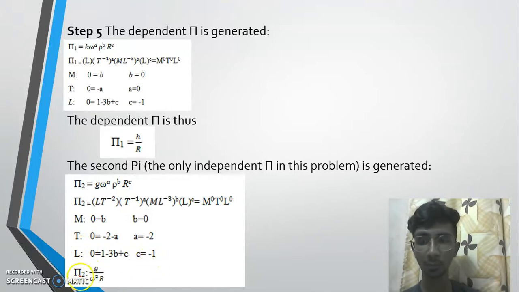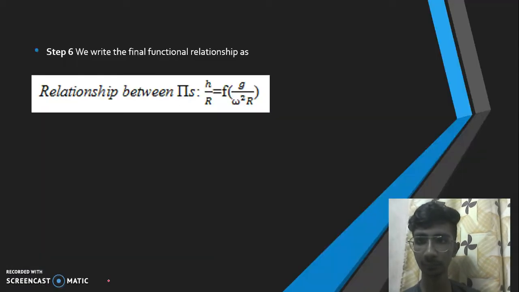So pi2 is g over ω^2 R. Therefore, the relationship, step 5, the last step: we write the final functional relationship as pi1 equals a function of g over ω^2 R, that is h over R equals a function of g over ω^2 R.